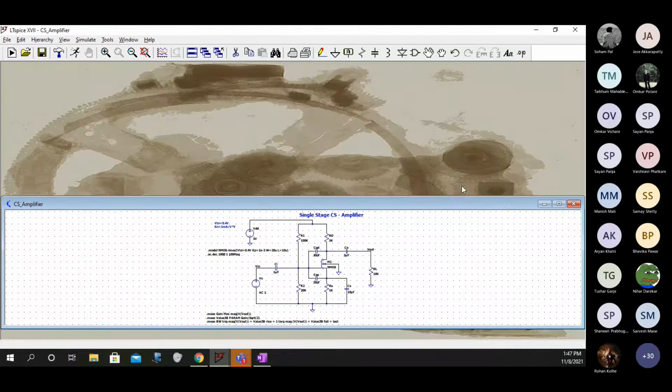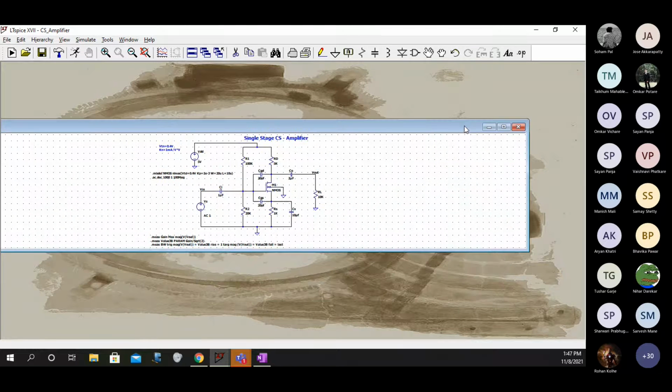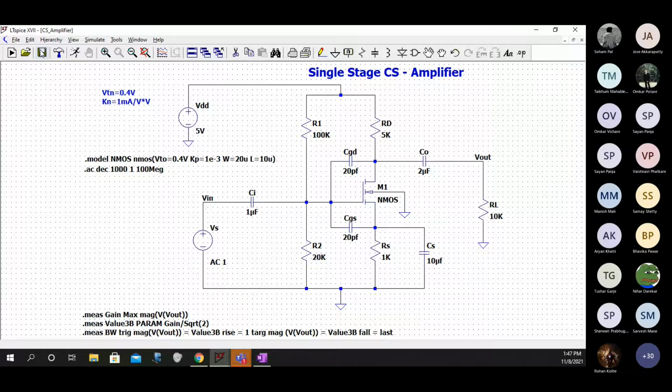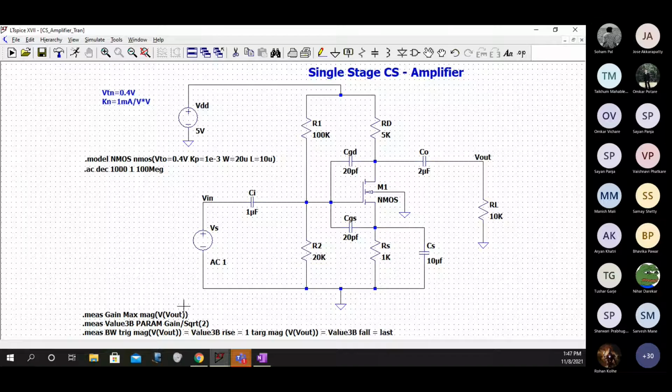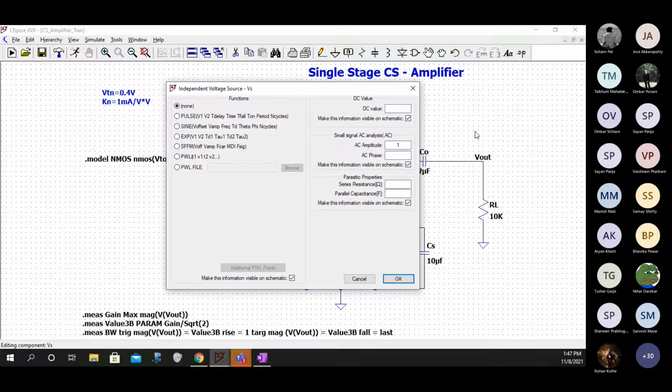Just for the time being, I'm saving this with File, Save As, and renaming it with underscore tran. That means I'm trying to do a transient analysis now, to show you that generally we apply sine signals and like that.